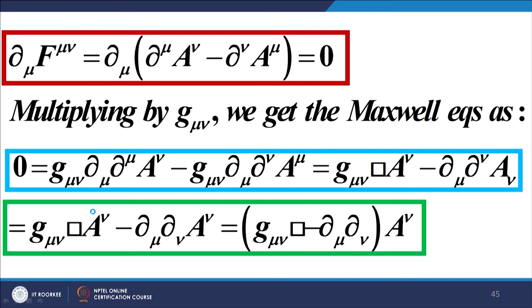Now, multiplying by g mu nu, we get the Maxwell equations as the expression given in the blue box, which can be written in the form given in the green box here.